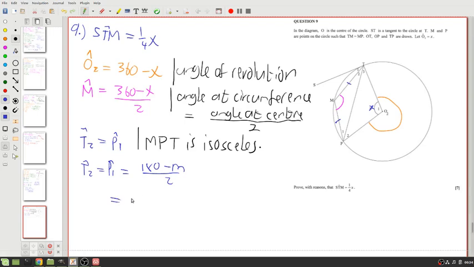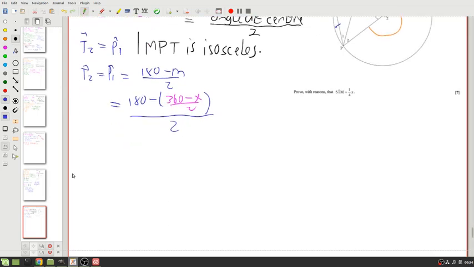So that gives us 180 minus 360 minus X over 2, which is the same as 180 minus 180 minus half x, all over 2.